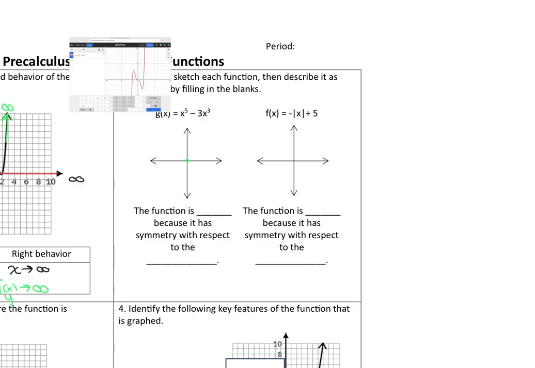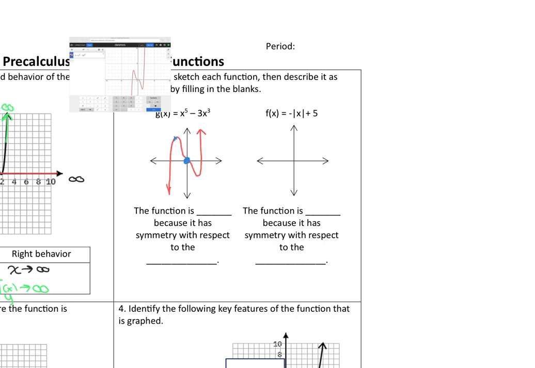So here's the middle, and no judgments on the drawing abilities because mine might be a little subpar. It starts down and it goes up and comes back and kind of wiggles through and then goes back up like this. So the function is blank because it has symmetry with respect to the origin.